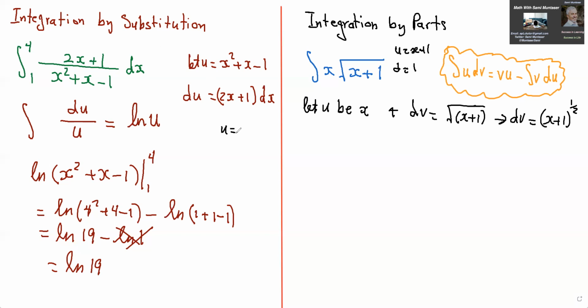Let's say the u was x squared plus 2x minus 1. And then when you did du, you get 2x plus 2, you know.